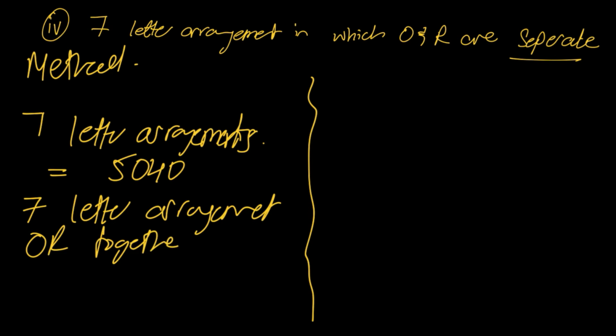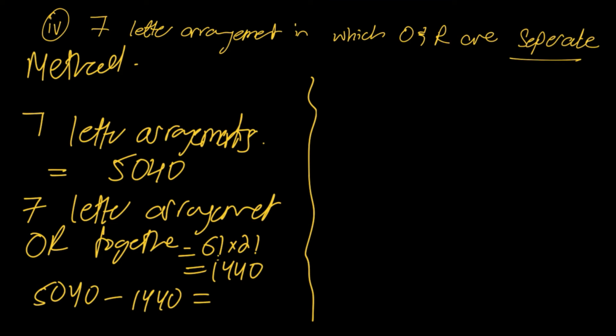We just took it out, which was 6 factorial into 2 factorial, which gave us 1440. So basically if we subtract 1440 from 5040, we'll get the number of arrangements in which O and R are separate. So this equals 3600.